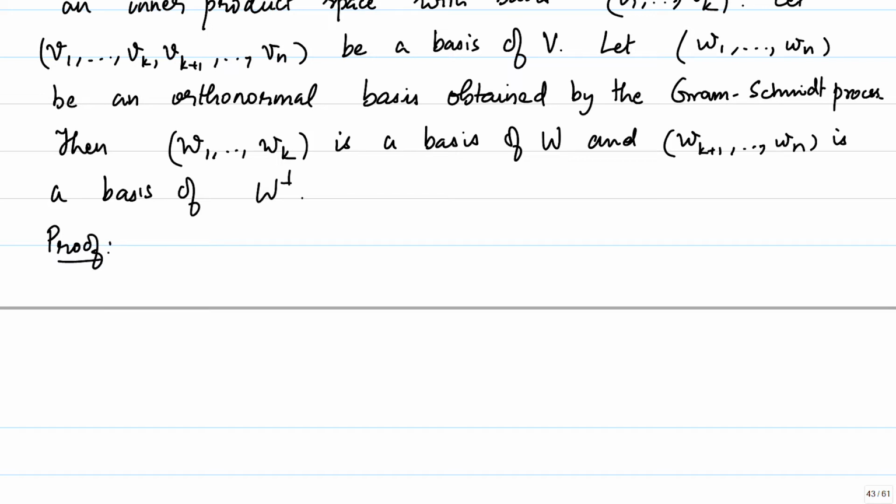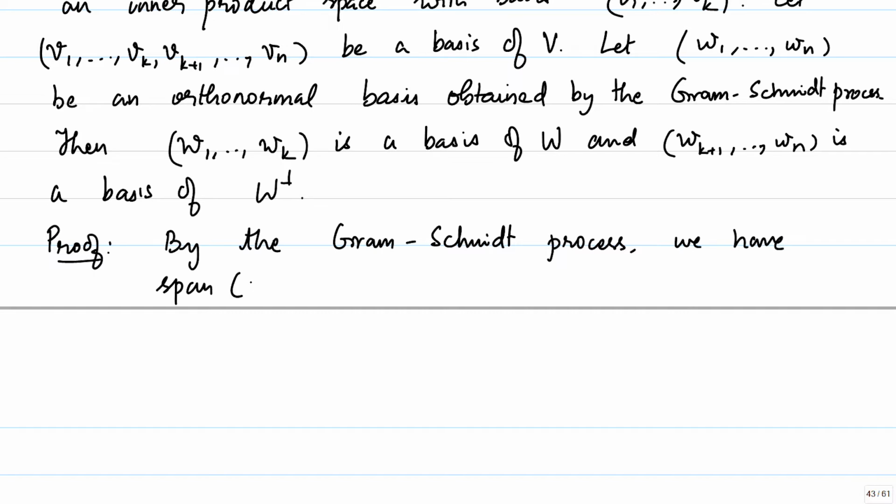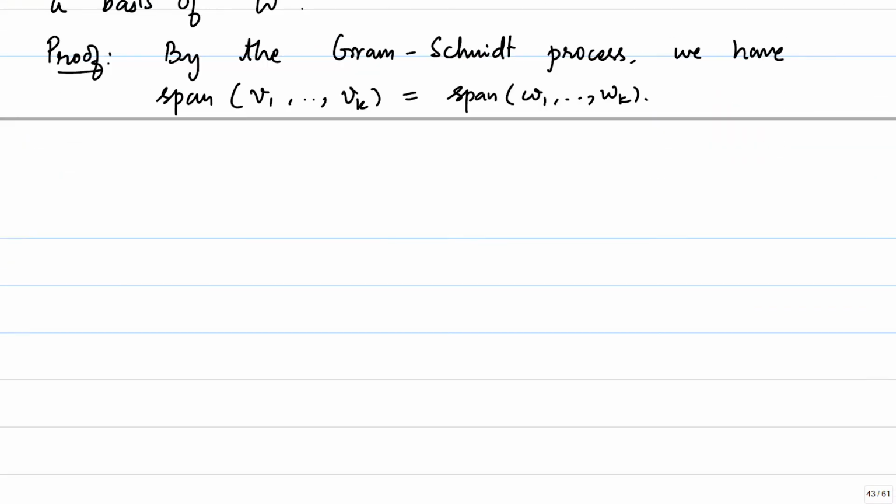By the very Gram-Schmidt process, span of W1 to Wk is equal to span of V1 to Vk. But what does that mean? What is span of V1 to Vk?